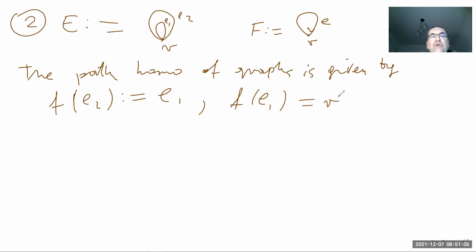And this is a path homomorphism of graphs because the endpoints are respected. I mean, here's just one endpoint, so everything works very easily.